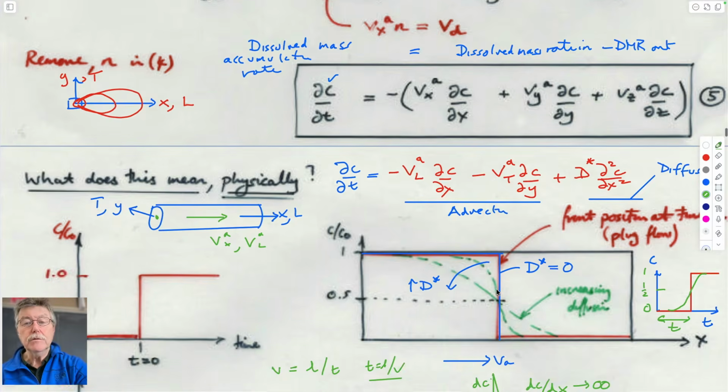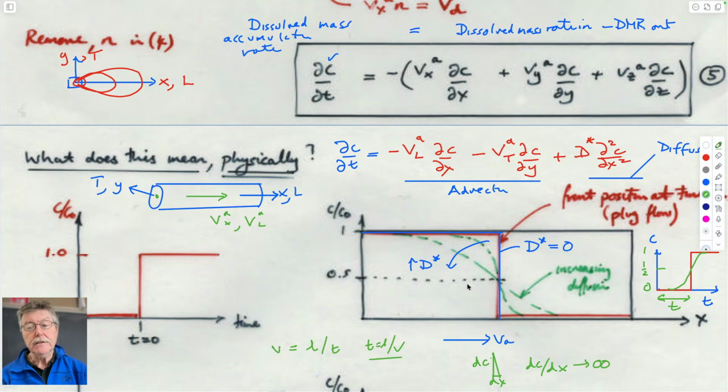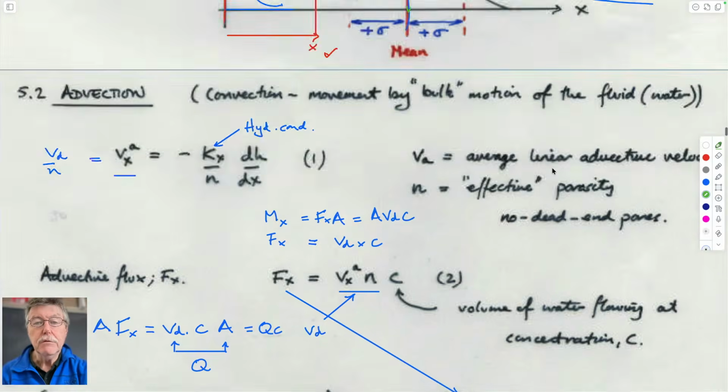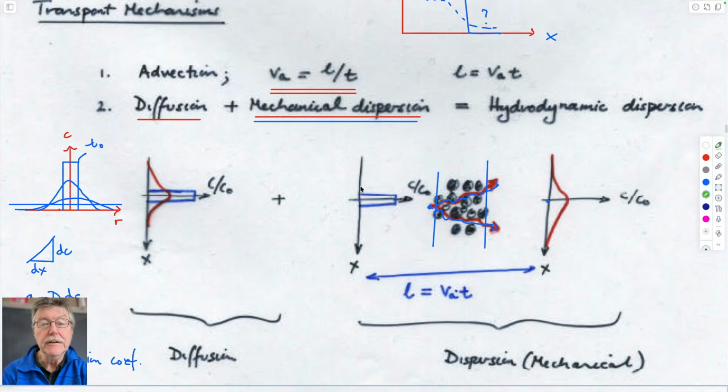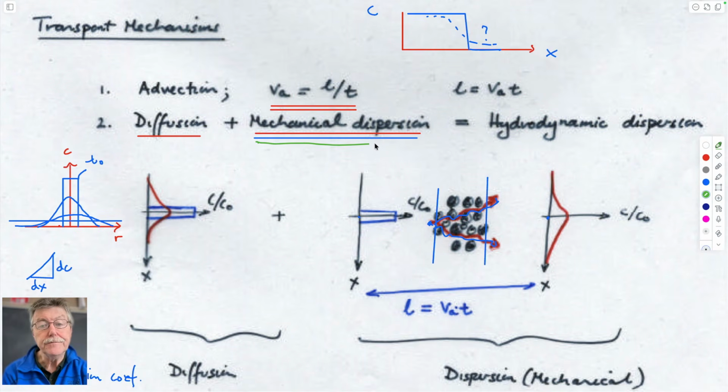So what we'll do is try to get these behaviors for real systems and see what the controls are. In the meantime, we've made the point that we know the advective velocities, and we kind of know the effective diffusion coefficients because we've said something about Fick's law. But we've also said there's an effect we need to account for, and that is mechanical dispersion.